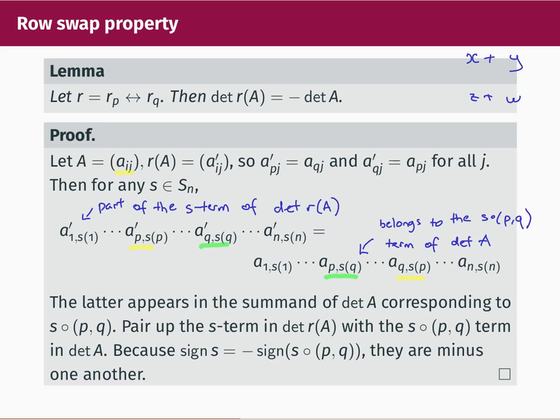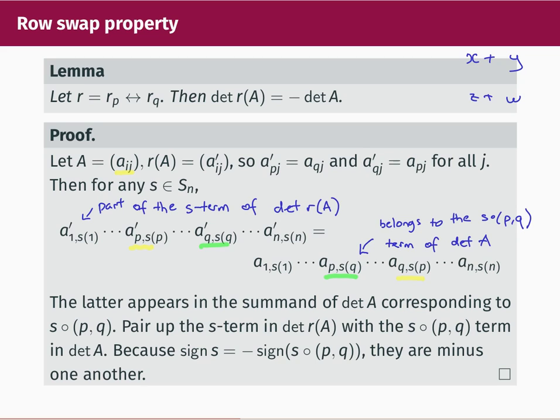So the term on the right appears in the summand of the determinant of A corresponding to S composed with PQ. So the way we'll pair up the terms in the sum defining the determinant of R of A, and the terms in the sum defining the determinant of A, is we'll pair up the S term in the determinant of R of A with the S composed with PQ term in the determinant of A. What we've seen in our equality is that those terms have the opposite sign, because the sign of S is minus the sign of S composed with PQ.